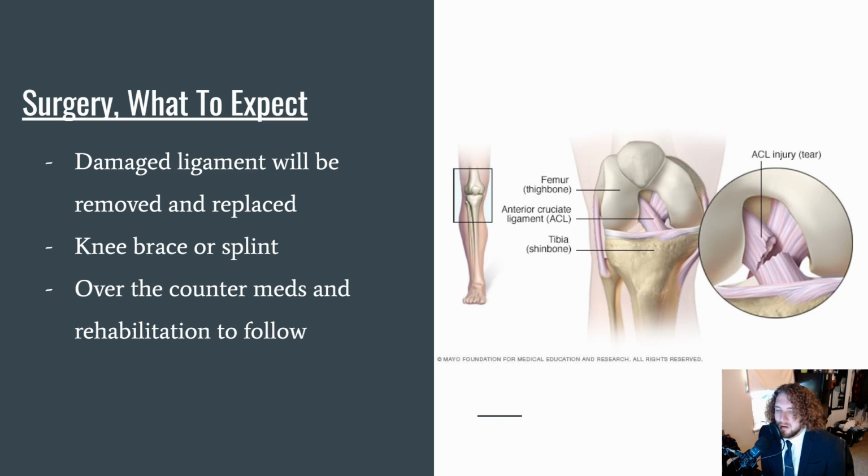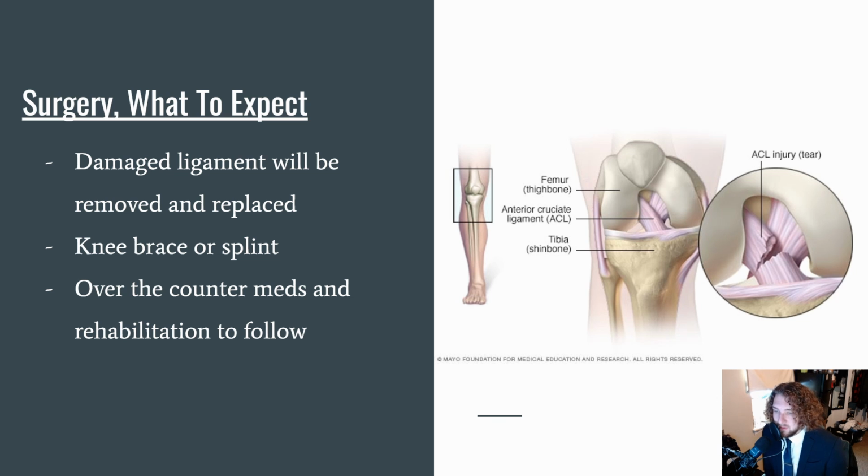Also, you'll likely be prescribed a painkiller, and you can grab over-the-counter medicines such as anti-inflammatories or antibiotics to help reduce swelling in the knee, and that will allow you to regain your range of motion.